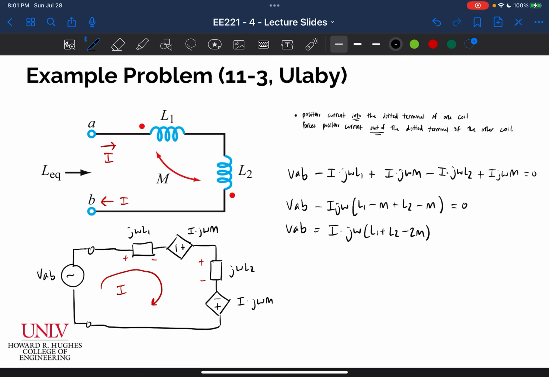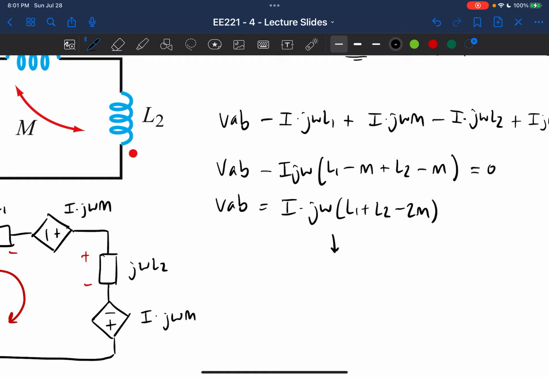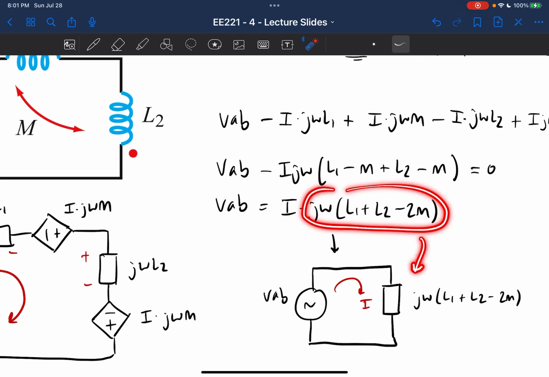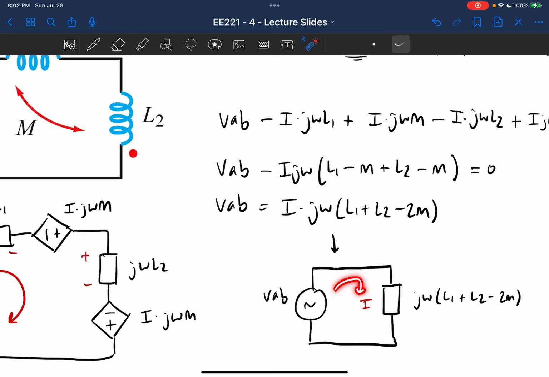Okay, and so if I were to draw a circuit that represents what I have written in this equation, it would look like this: VAB, and then I've got some impedance here, and the impedance is J omega times L1 plus L2 minus 2M, and I have a current flowing here of I, and this is my voltage VAB. I hope that you can see how that basically represents what I have here. This term right here is just an impedance that I can draw as j omega L1 plus L2 minus 2M, and my current that's flowing is just I.